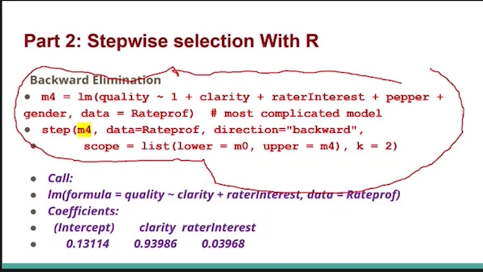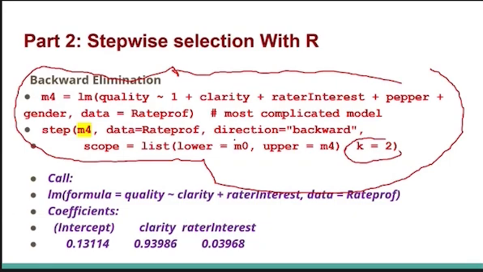Then in the direction, you specify whether backward or forward. Now I'm going to do backward. I indicated backward. Now, here k equal to 2. Pay attention, take a look at this.